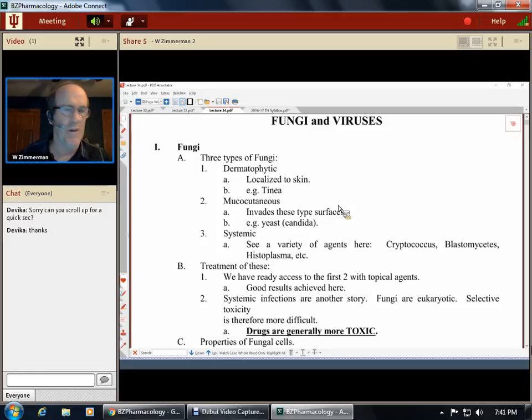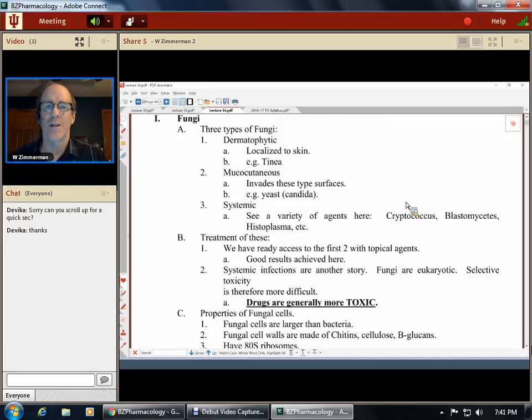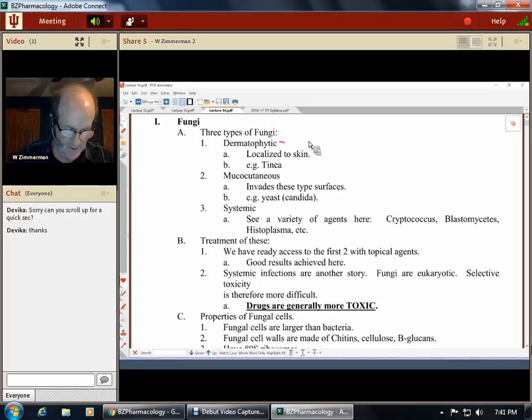But when we look at the types of fungi, there's those that are localized to the skin, like the tinea infections. Topical treatment usually works to get these dermatophytic fungi. Maybe I'll just mention oral sometimes.